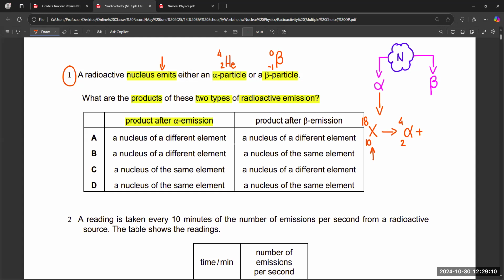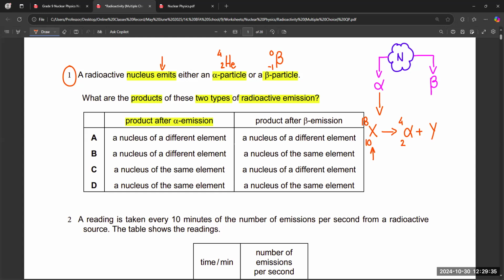Alpha is equal to 2 and 4. And if you remember, we need to balance the equation on both sides, right? So we need to balance the atomic number and atomic mass on both sides of the equation. So what do you think? What will be the final numbers for this element Y?